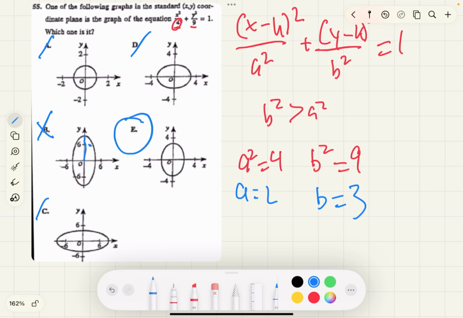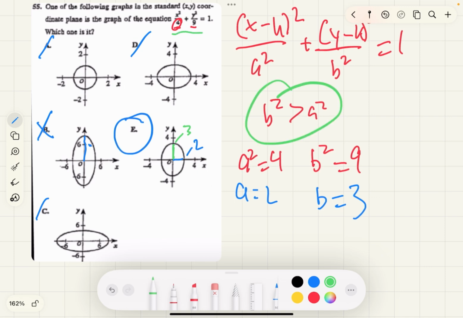And it also makes sense. The a value is pretty close to 2, and the b value, or the vertical stretch right here, is pretty close to 3. So here we simply used process of elimination by first realizing that it's going to be a vertically stretched ellipse because b squared is bigger than a squared, as seen right here.